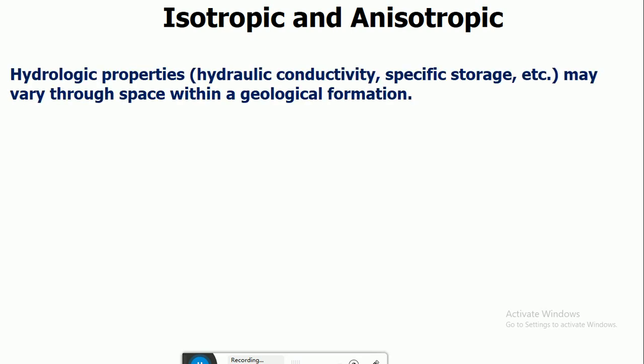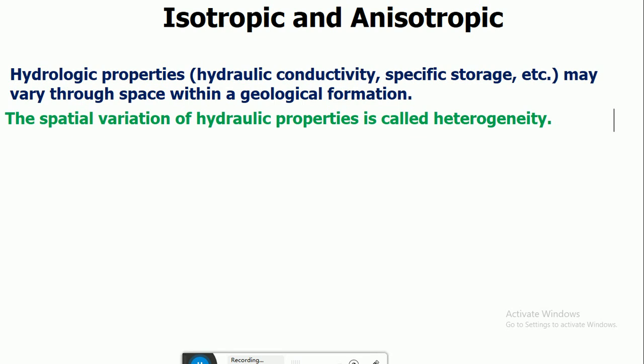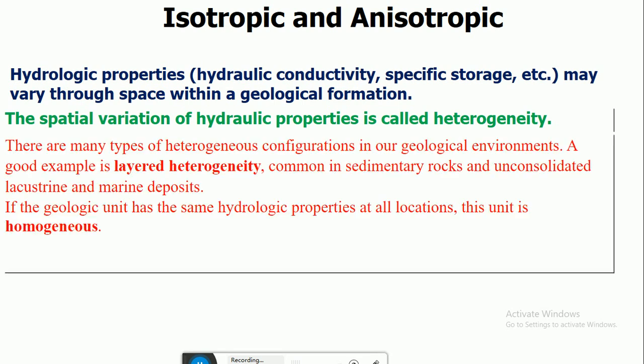groundwater movement. Hydraulic properties, hydraulic conductivity, specific storage, etc., which we will discuss later, may vary through space within a geological formation. The spatial variation of hydraulic properties is called heterogeneity. There are many types of heterogeneous configuration in our geological environments.